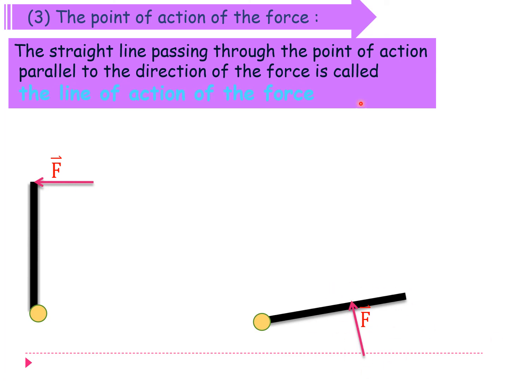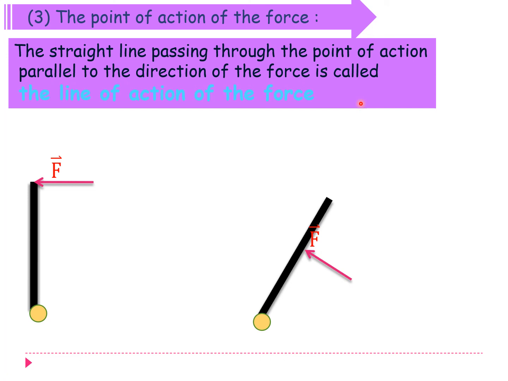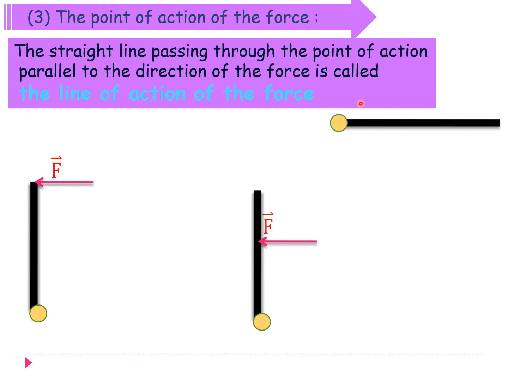Look to the direction of force in the second figure. Look to the direction of force in the third one.